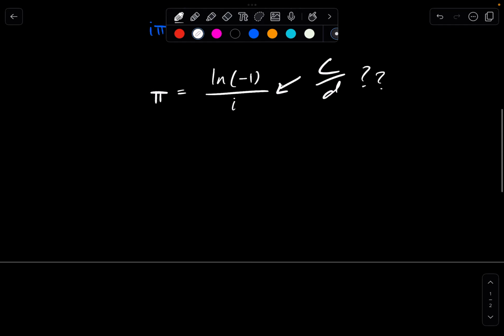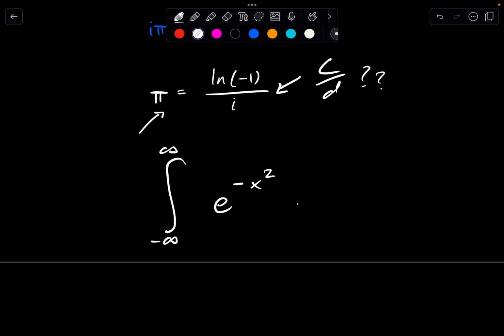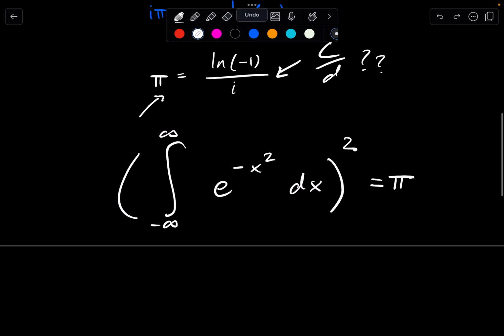And then if we look at other definitions of pi, we can say that's equal. I can do a separate video on this, but indeed, this number right here, which comes from the Gaussian, I believe, yeah, the Gaussian integral. If you take this quantity and square it, this is equal to pi. So, well, I can do a whole separate video on this because it's a very cool fact.